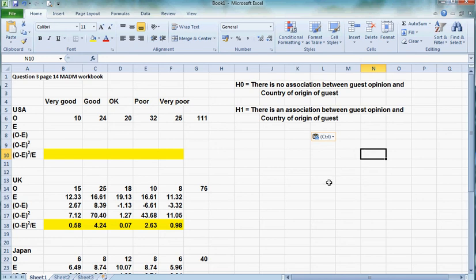Once we've stated our hypotheses, we've got to lay out our tables. We have our columns across the top, our opinions: very good, good, okay, poor and very poor. And you have 4 blocks of calculations to do: the USA, the UK, Japan and other.